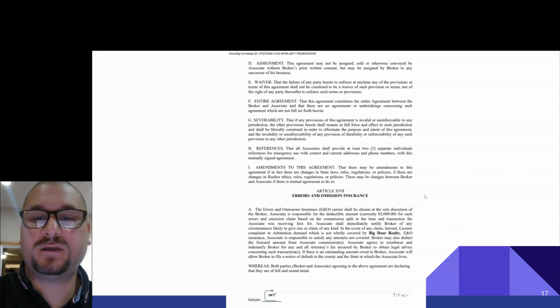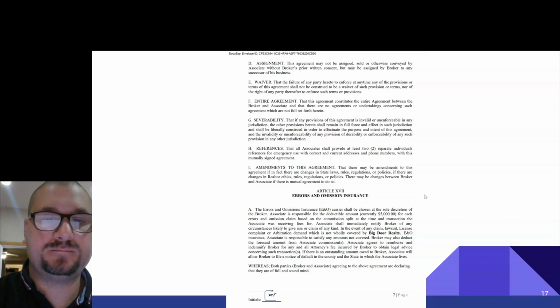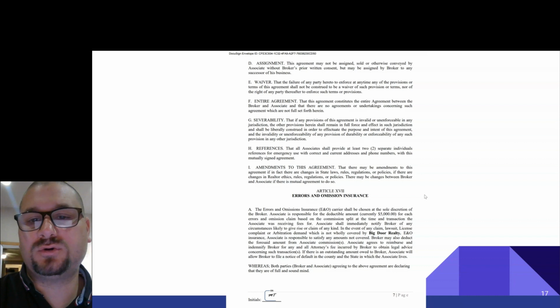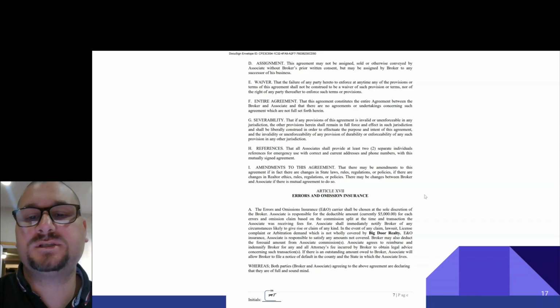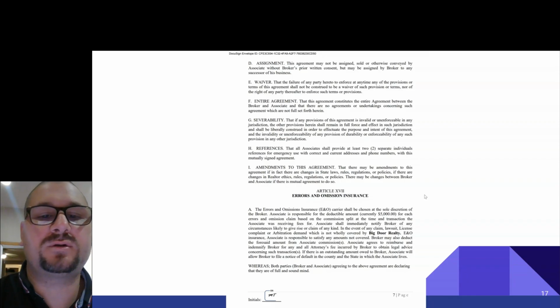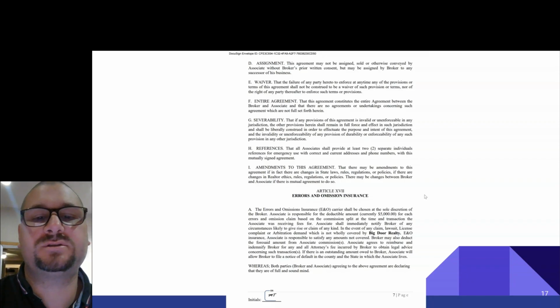Amendments to this agreement. There may be amendments to this agreement if there are changes in state laws, rules, regulations, or policies. If there are changes in realtor ethics, rules, regulations, or policies, there may be changes between broker and associate if there is a mutual agreement to do so.